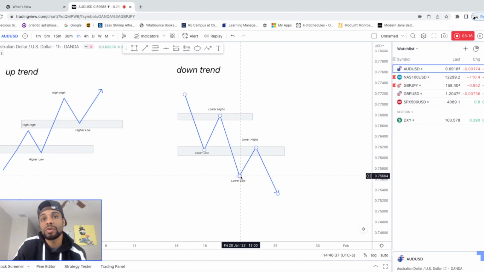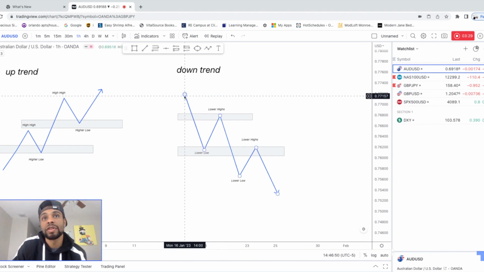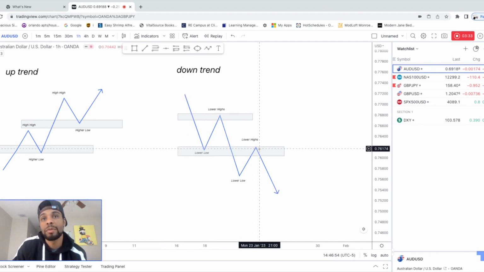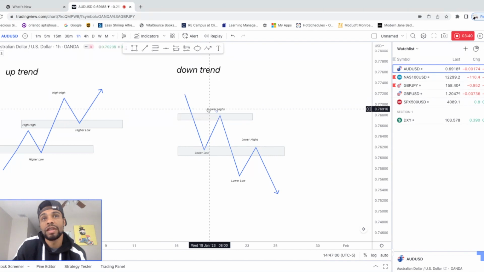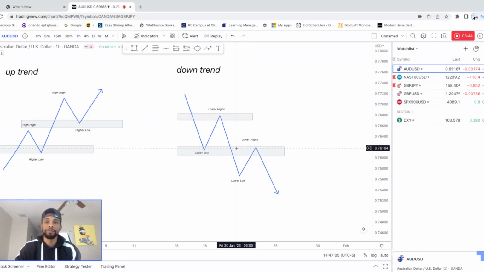This low point here is lower than this previous low point here. And this is a lower high because this high mark is lower than this previous high mark. This high point here is lower than this high point here. So if you see that, each point is lower than the previous point.